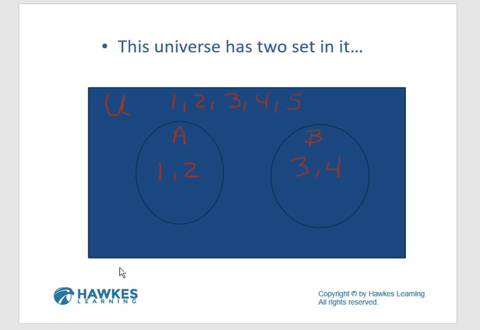So these sets are not connected. And sometimes when we see something like this, we say the sets are disjoint. They're disjointed. They're not connected together. So again, we're doing some background information.